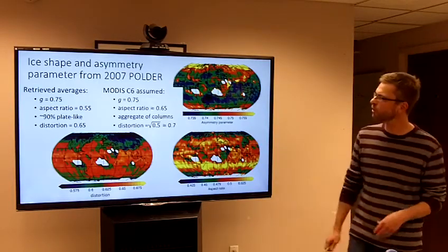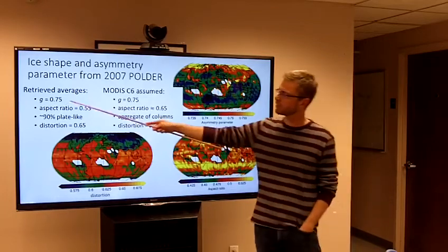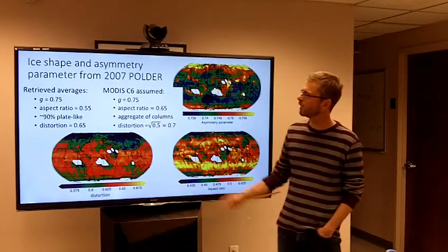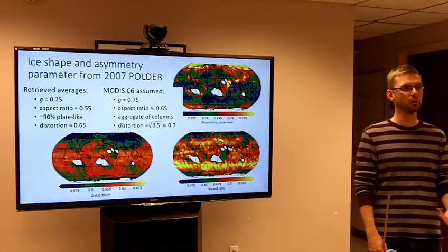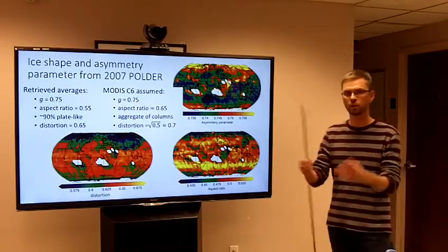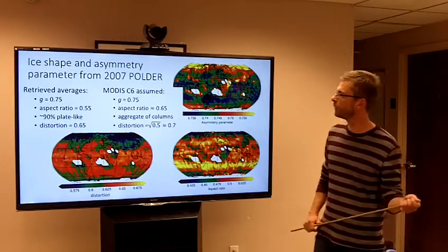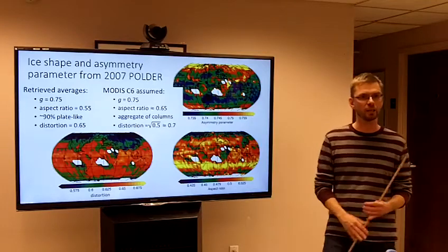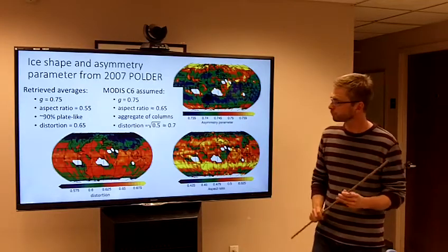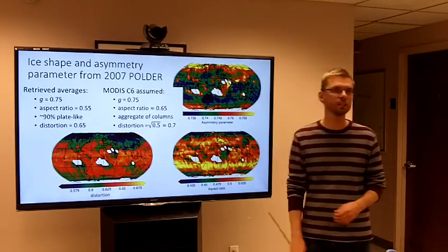Looking at the average, my average asymmetry parameter in the visible is 0.75, which is very similar to what they now assume for the MODIS retrievals on a global scale. On average, I see mostly plate-like crystals everywhere, which are very highly distorted.